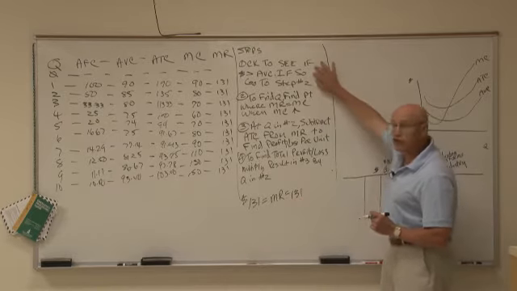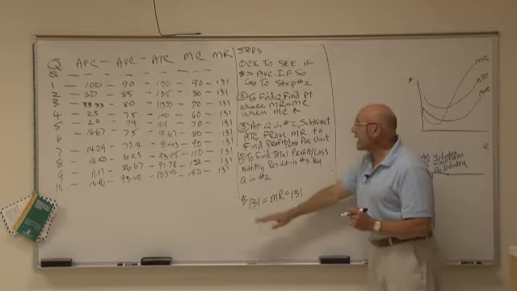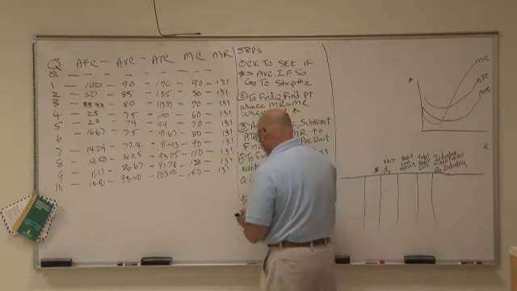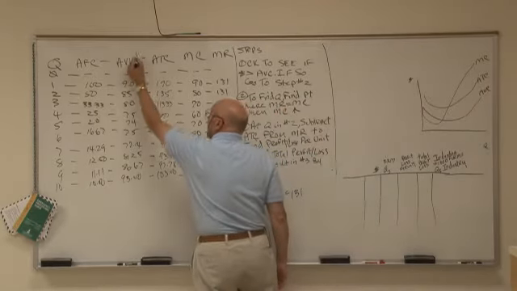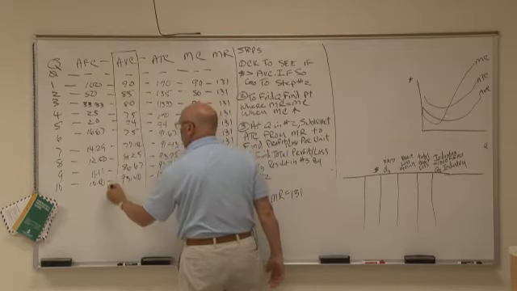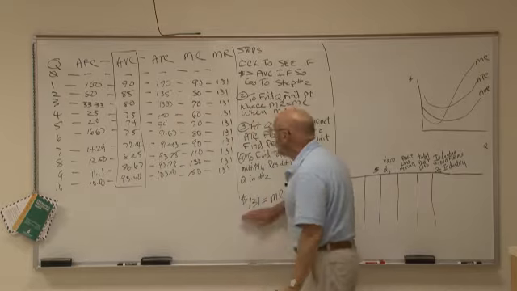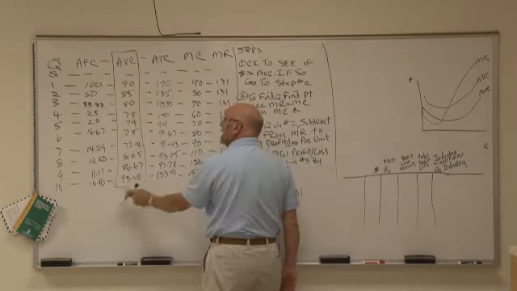Number 1, I'm going to check to see if my price is greater than my average variable cost. At any point, is my price of $131 greater than any number that's in my average variable cost column? Well, we can see right away that $131 is greater than any number.